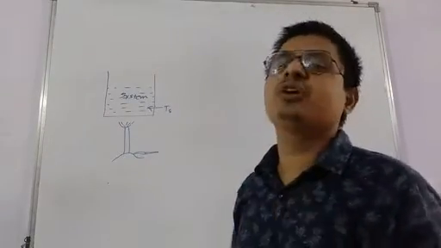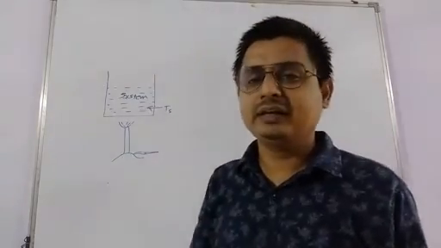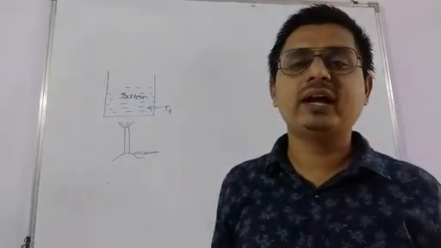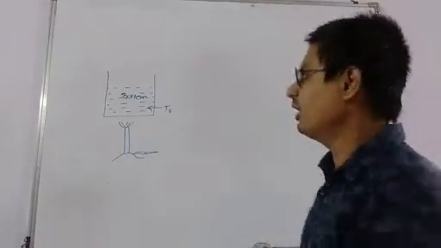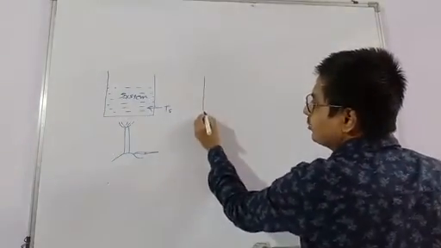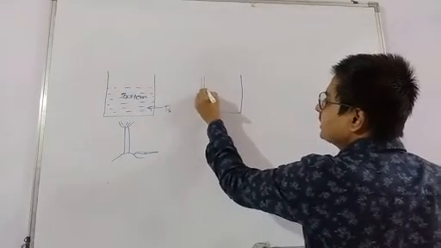But there is one more case by which, even when we do not supply heat from a source, we can increase the temperature of a system. What we have to do is put one piston over this container.